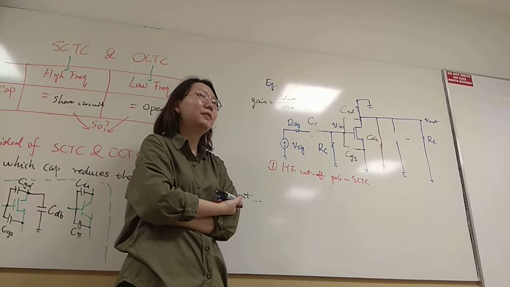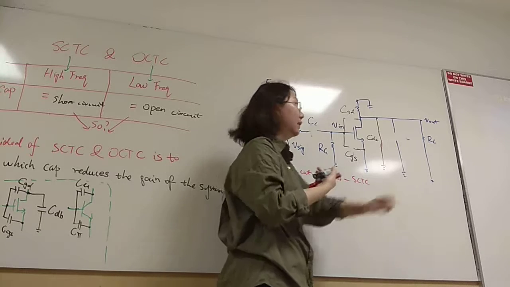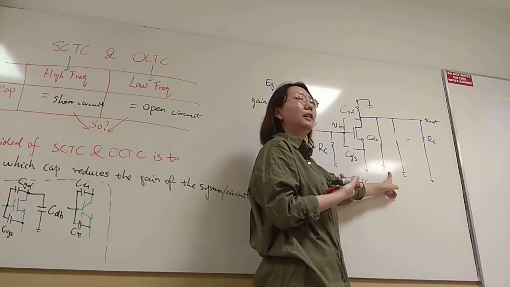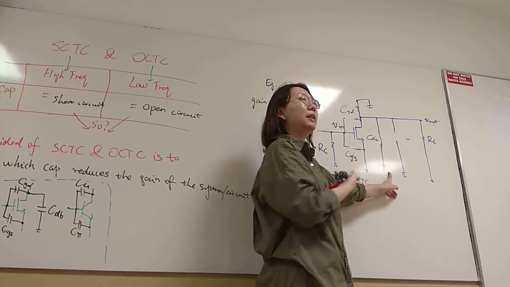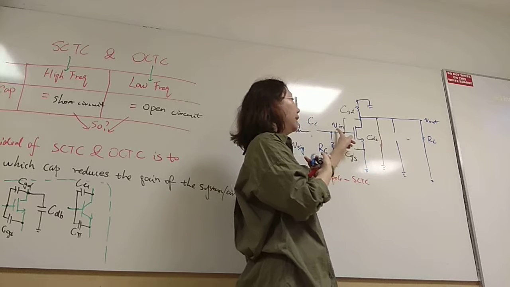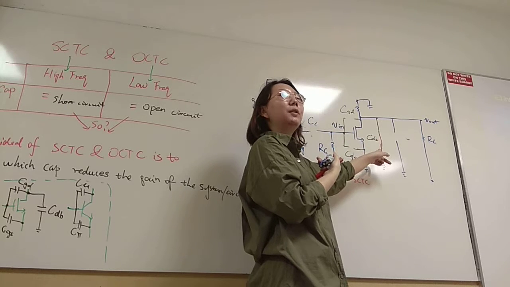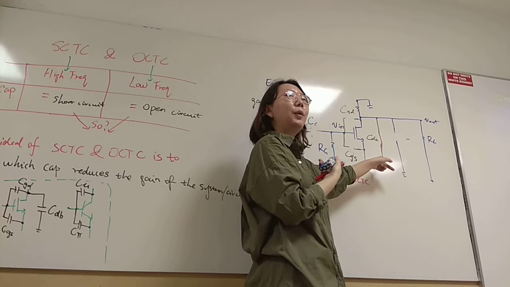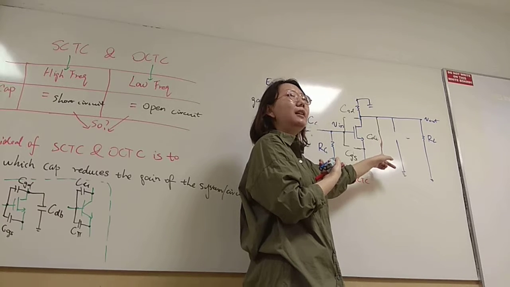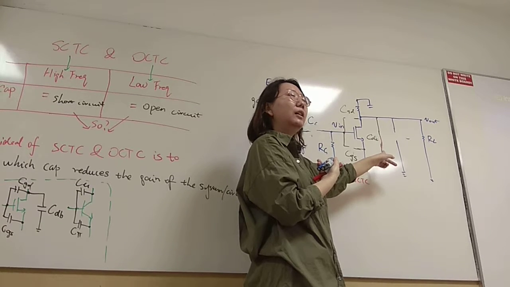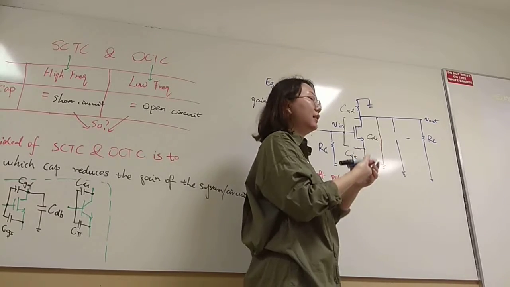My V out is connected to the ground now. Can you see that? V out is here. V out is connected to the ground. So no matter what the input is, my V out will always be 0. That means the gain is actually dropping. So CDB is another troublemaker.